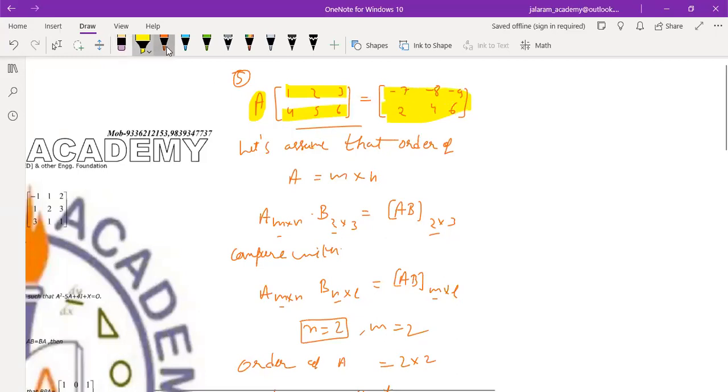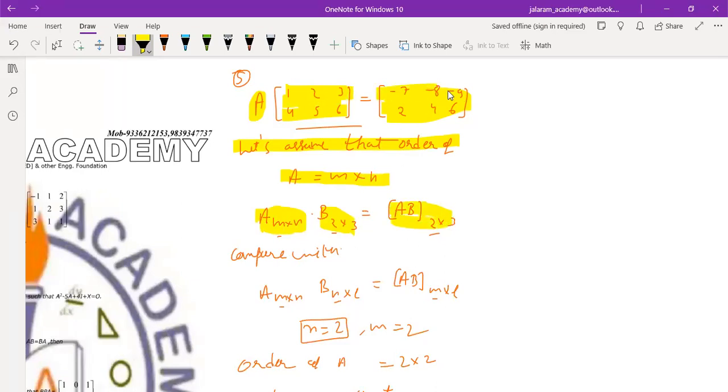So first of all, we have to calculate the order of the matrix, for which we assume the order of the matrix is m cross n. Now we write the given equation in terms of orders: a matrix of order m cross n is multiplied with a matrix of order 2 cross 3 to produce AB, a matrix of order 2 cross 3.